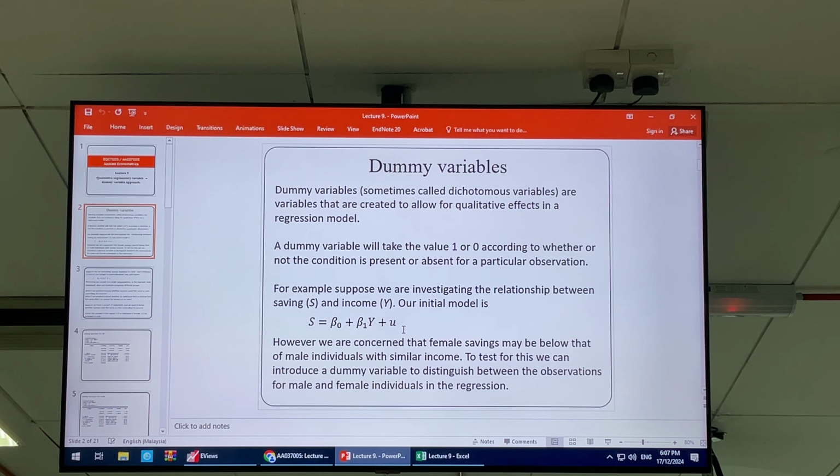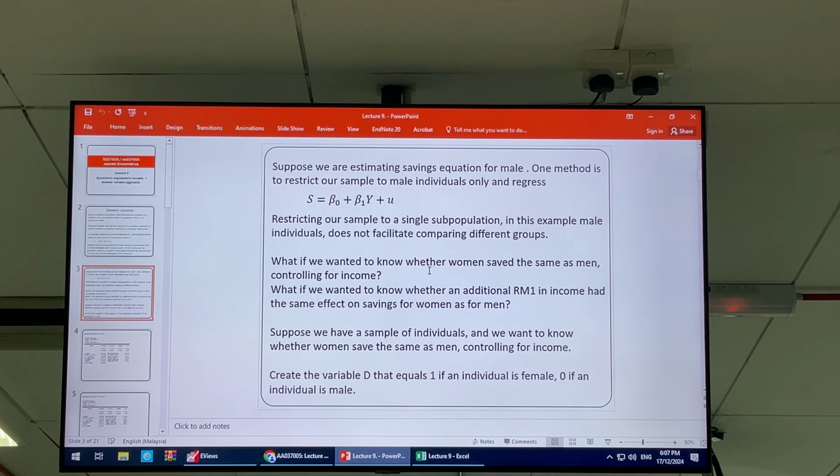But if we believe they are different, in the way that they save, then one possible way is to split the data into two groups: data for male only, and another group of data for female only, and then we estimate two separate models. That is an alternative way, estimating a regression model separately for male and another one for female.